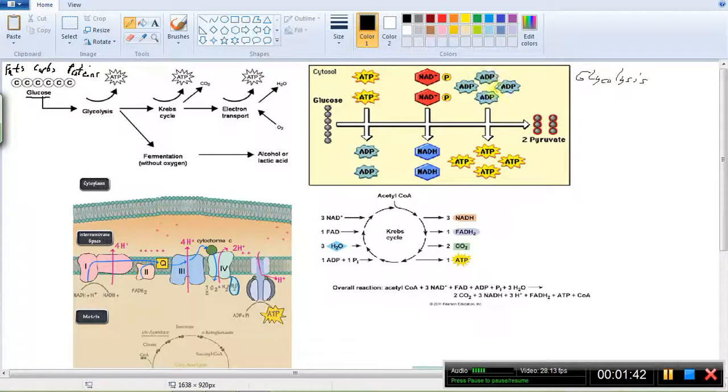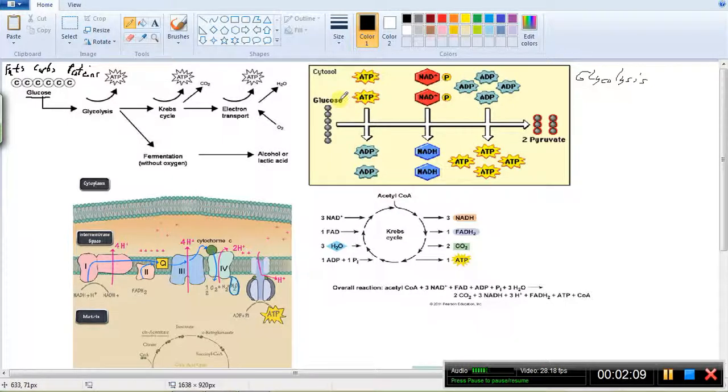Now remember, ADP is like the low energy form of ATP, right? We should know by now that ATP is the form of energy that all cells use for pretty much everything. And after ATP is used, it turns back into ADP. So ADP is just the low energy form, and then it gains energy, it becomes ATP, and then the cells can use that energy.